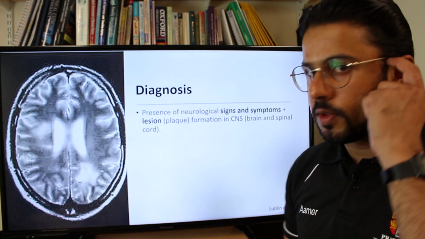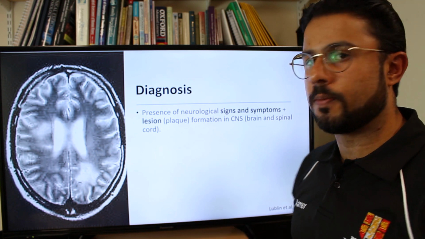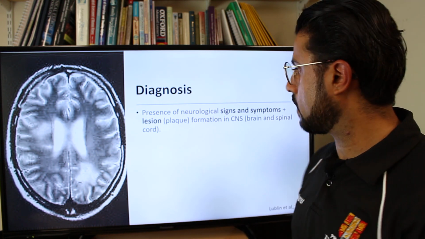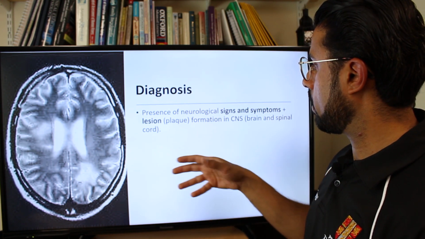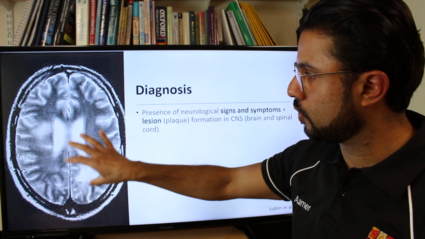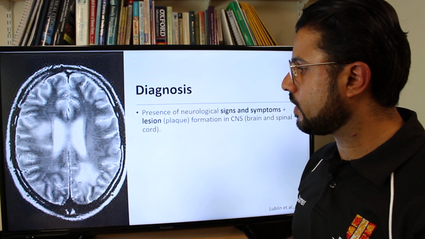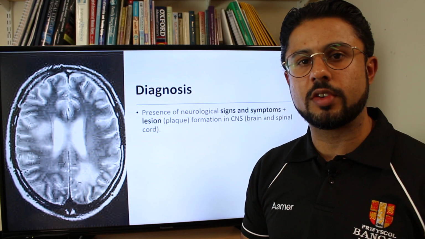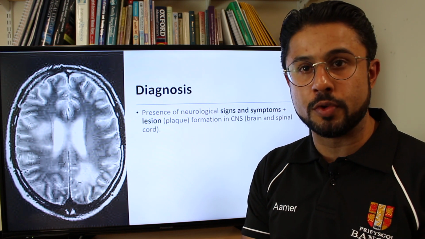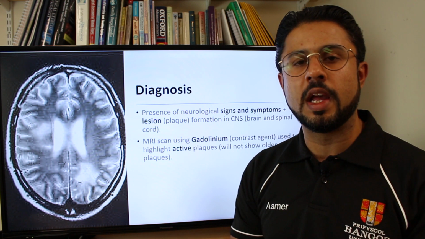Now, the diagnosis of MS is usually made using an MRI scan. So the MRI scan will look for any kind of formation of plaques or lesions within the neurons of the brain and the spinal cord. And what they actually do with an MRI scan is infuse or give a contrast-enhancing agent called gadolinium.